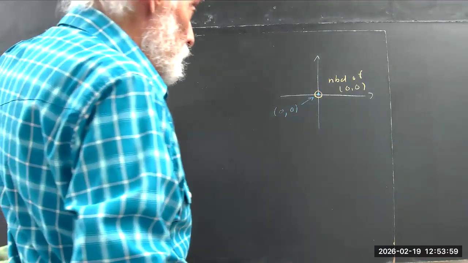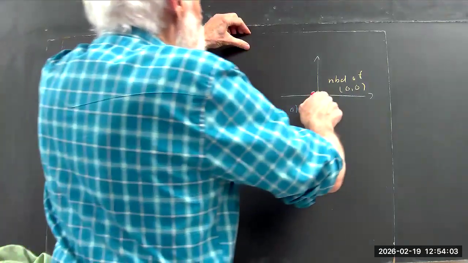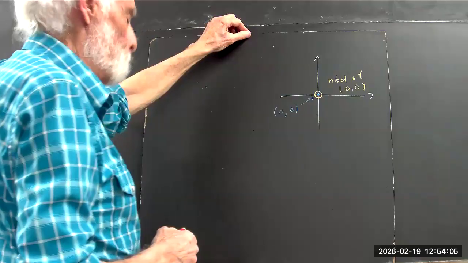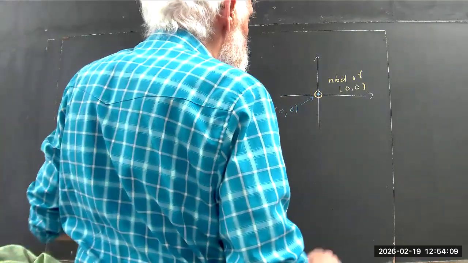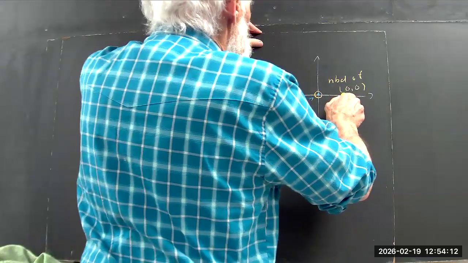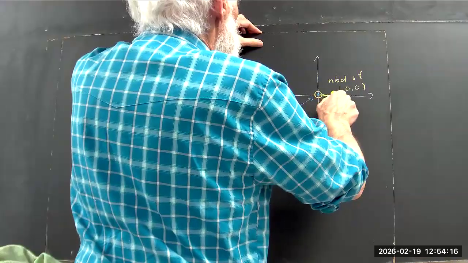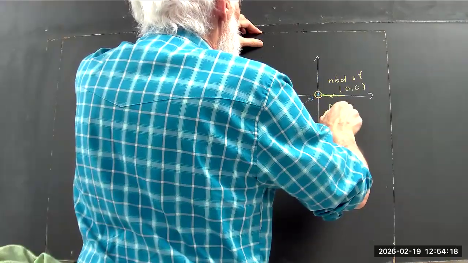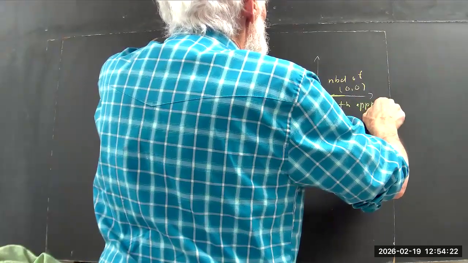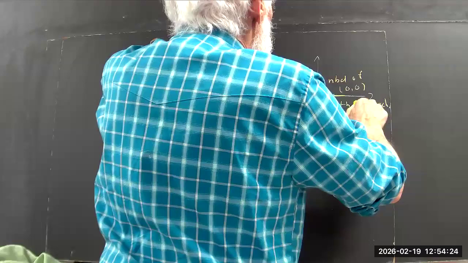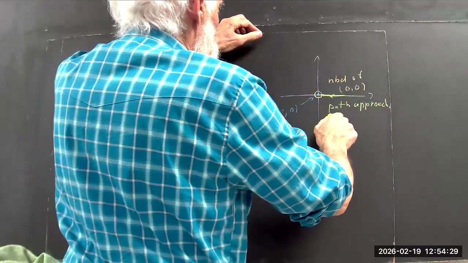Let's just say I want to approach this point by a path. It's a path approaching (0, 0). You probably can't read that.